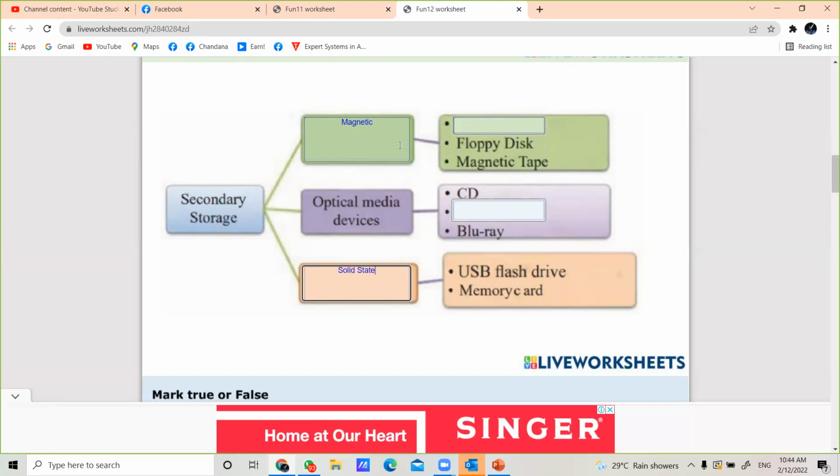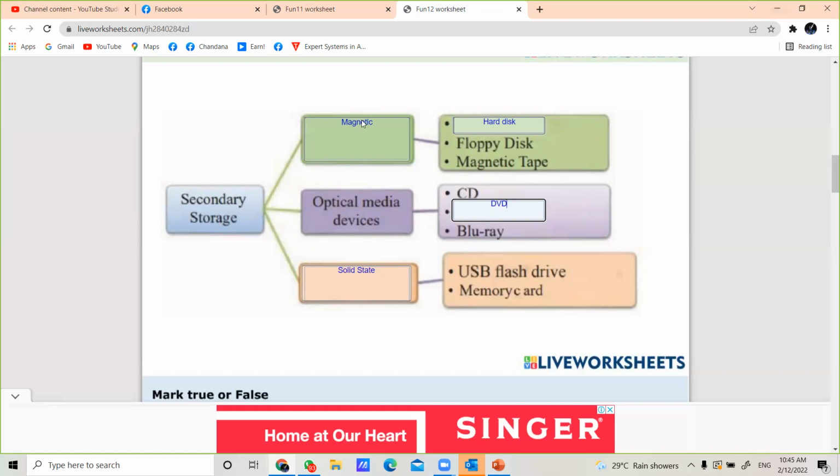Under magnetic, there are examples given, floppy disk and magnetic tape. Therefore, what's the remaining one here? Hard disk. And optical technology, CD, DVD. DVD is an example for optical devices. Example for solid state, USB flash drive and memory card.